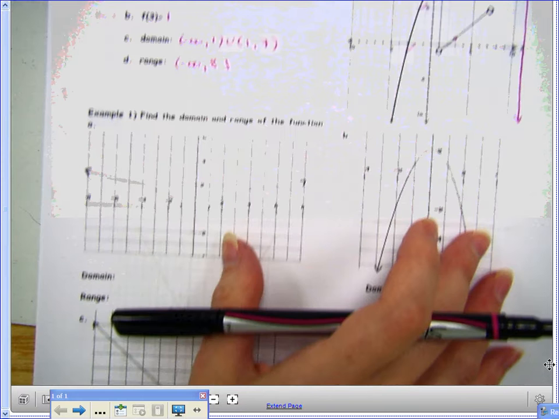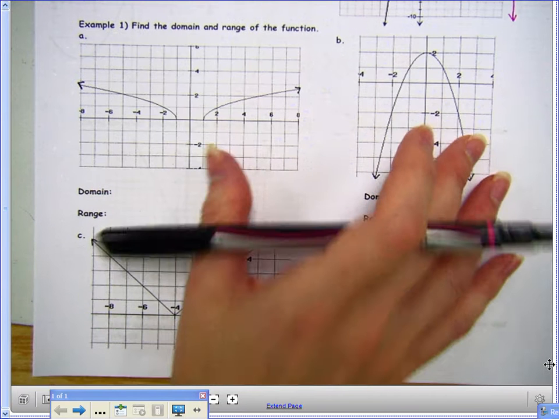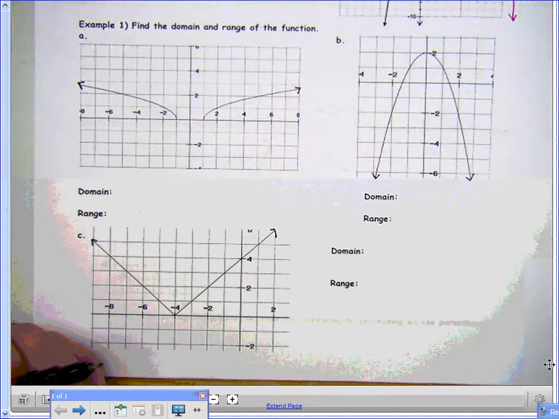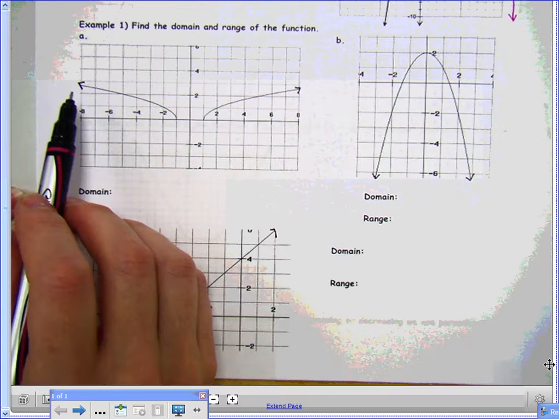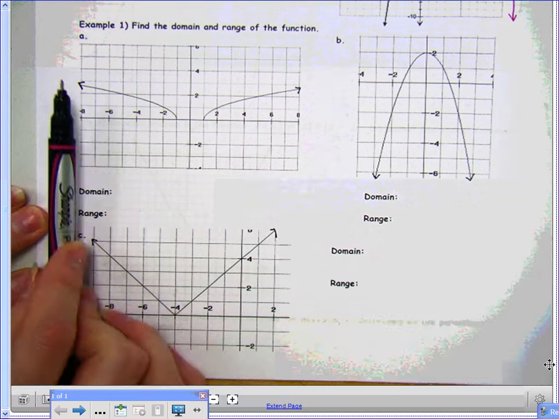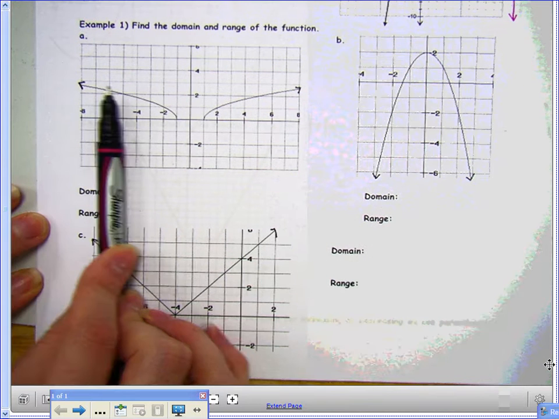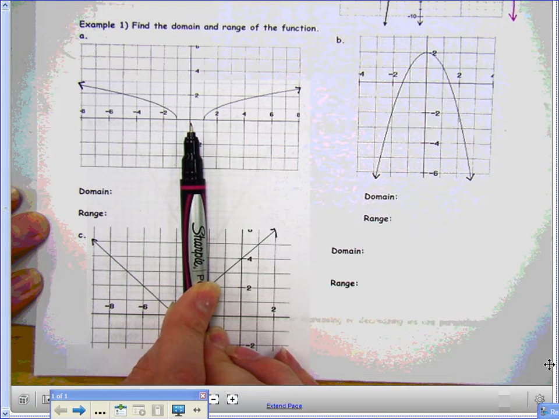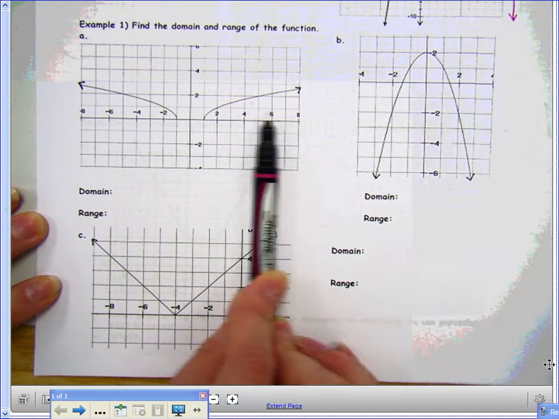So then if we're looking at the next one, example 1, it says find the domain and range of the function. So again, these should be fairly easy. If we look at number 1 together, I know my domain, if you look at your x values, we have x values coming from negative infinity all the way to negative 1. There's nothing in between here, and then it starts back at 1 going all the way to infinity.